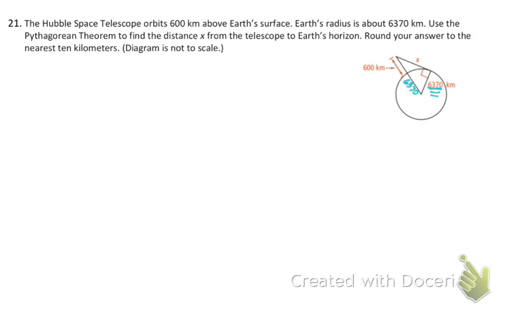Which means this total length right here is going to be 6,970 kilometers. Now the only thing I have to do is this: x squared plus this squared equals this squared. It's going to be a good exercise in using our calculator because I don't think we're going to be doing that in our head. But then you're done after that. Is that far enough? Cool. Anything else? Yeah.